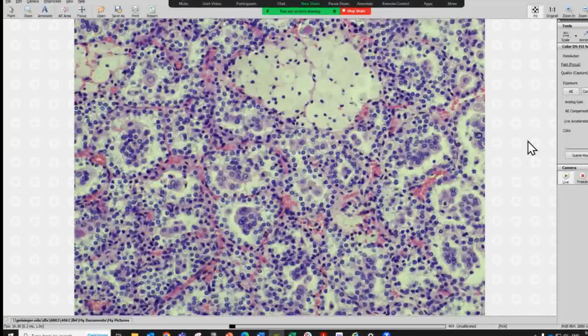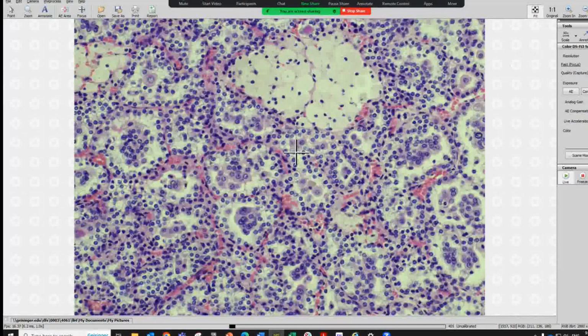And then we can take a look at the nuclear features of this one. Some of the cells just have eosinophilic cytoplasm, but some of the cells have clear cytoplasm. The cells lie round, and they usually do not have high nuclear grade.